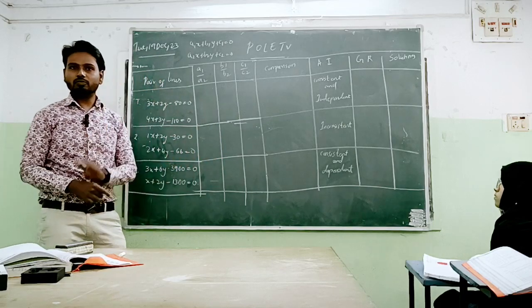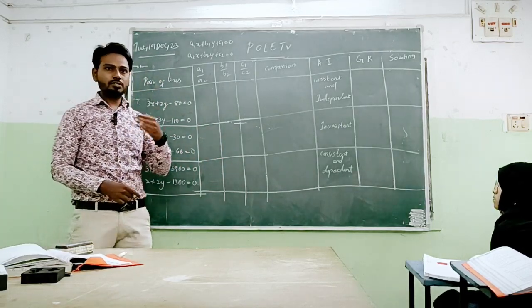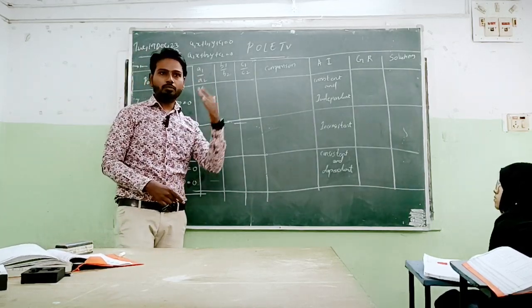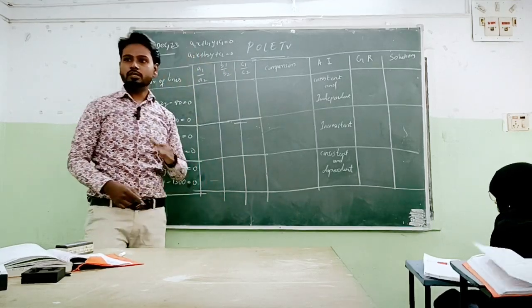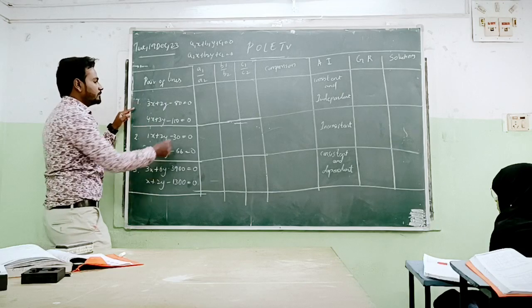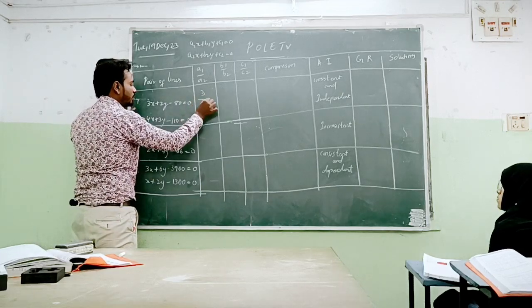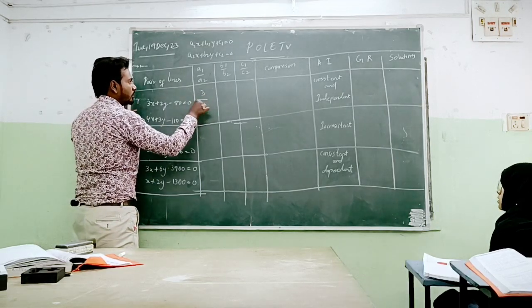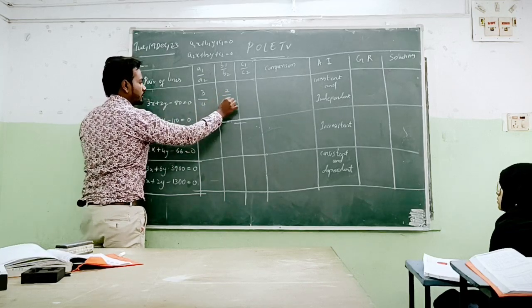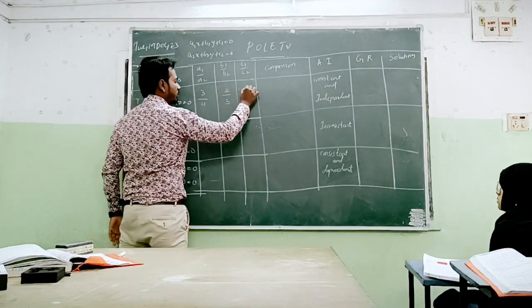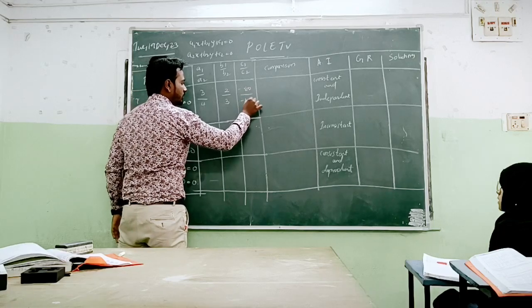Those three things we will do. a1 by a2 means a1 over a2, b1 over b2, c1 over c2. So a1 is 3 by a2 is 4, b1 2 by 3, c1 minus 80 by minus 110.